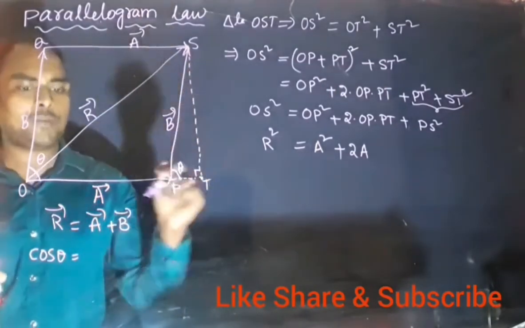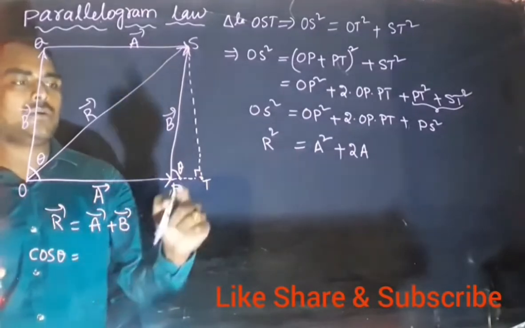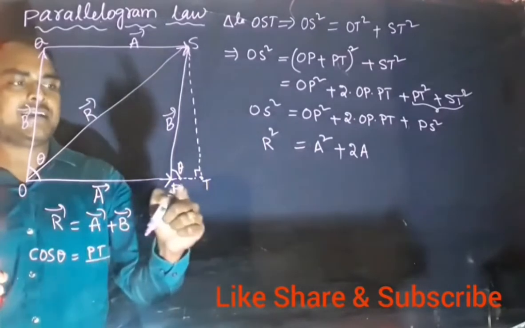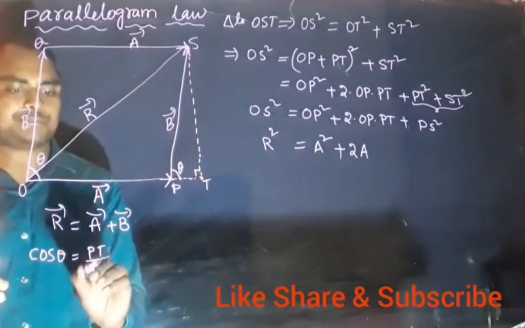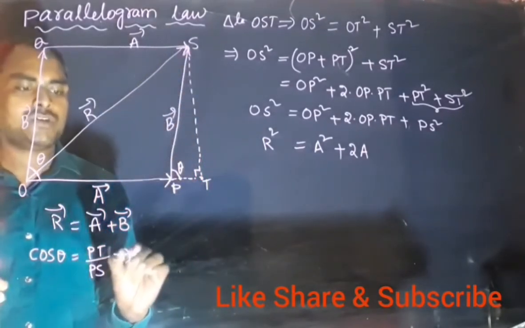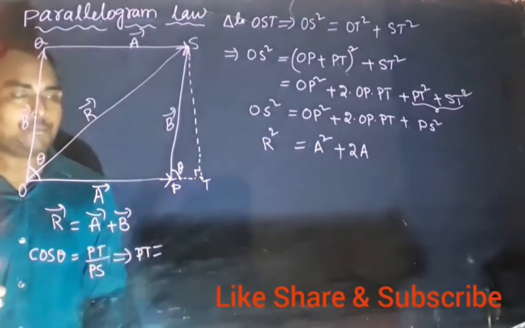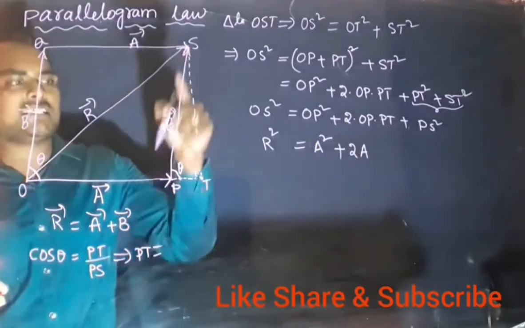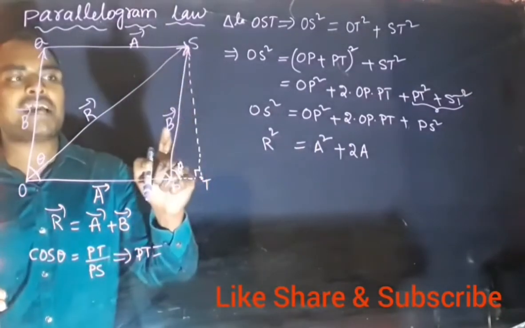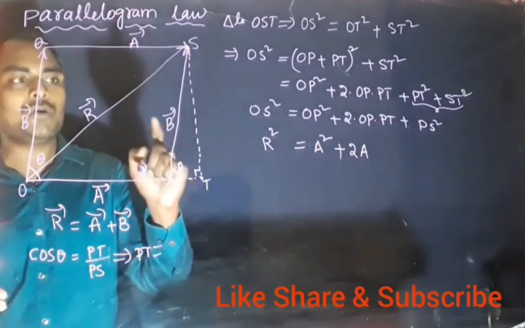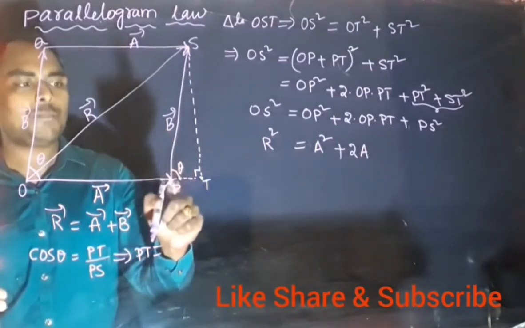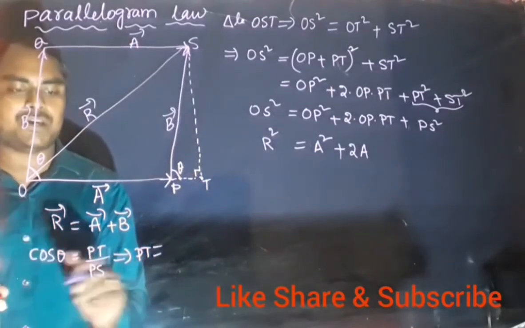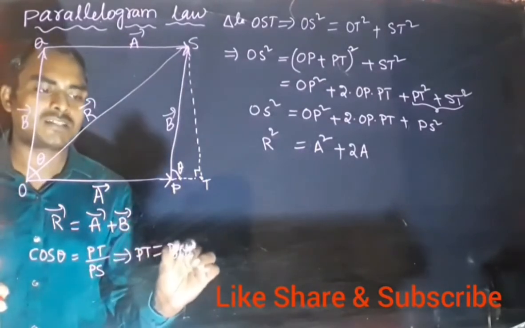In this triangle, cos theta equals the adjacent side PT divided by the hypotenuse PS, which implies PT equals PS cos theta. This PS length is equal to the magnitude of B bar, and the magnitude of B bar is B. So PS can be written as B, and it can be written as B cos theta.